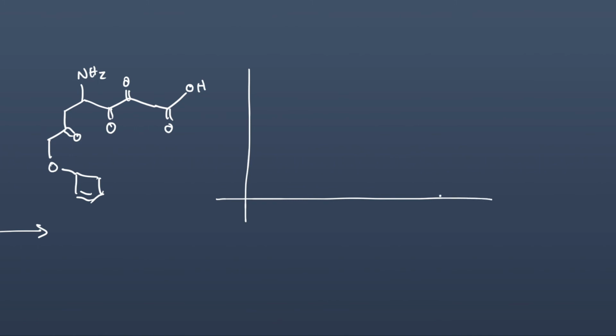We come into the lab, we titrate this thing, and it ends up maybe looking something like this. These are the points we're interested in. These are going to tell us some pKa values.